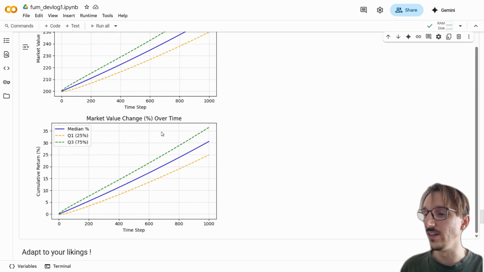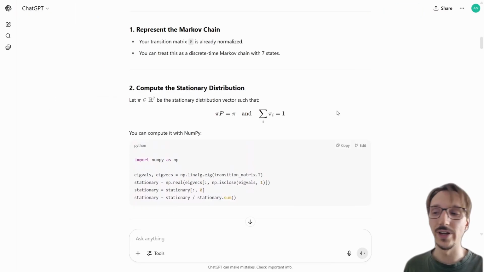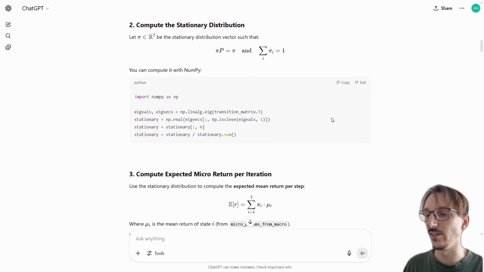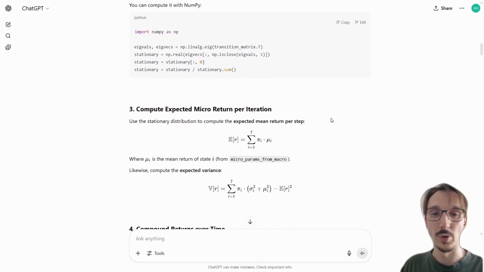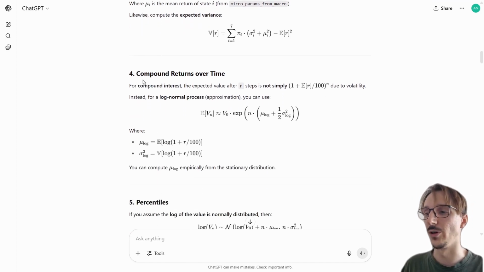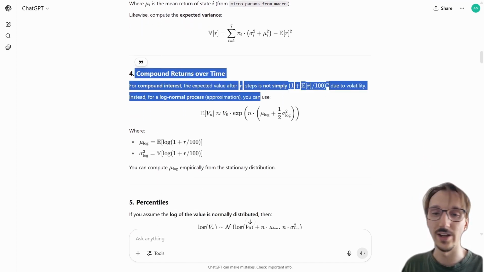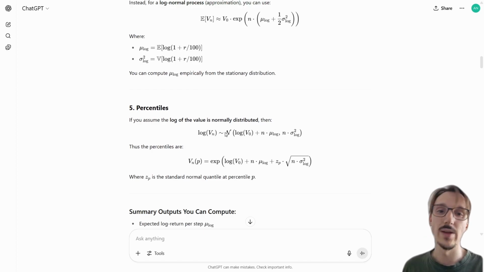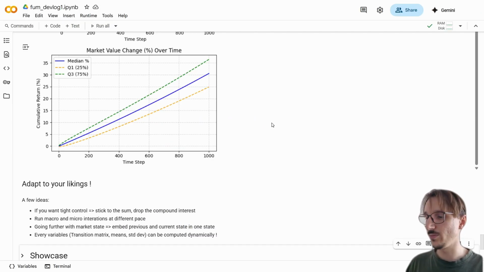And lastly, the same but expressed as a percentage. To give you an idea, I asked ChatGPT to explain how it did it, and this is its response. You can pause if you want to read about it, but my brain started to hurt at step 4 here. I couldn't understand anymore. Basically it was able to embed the system as a normal distribution, which is pretty crazy.